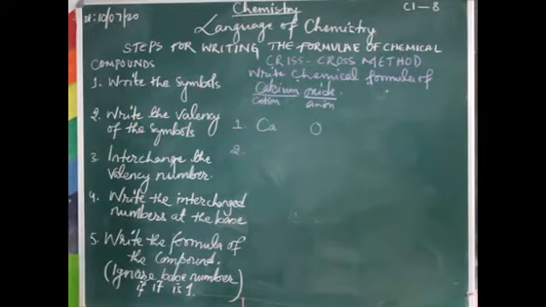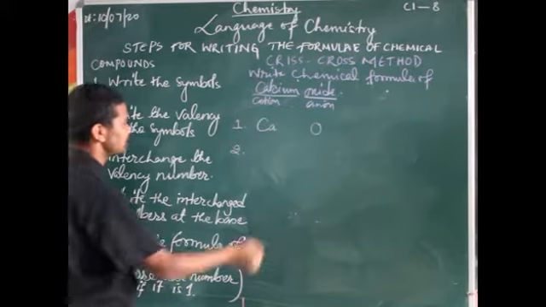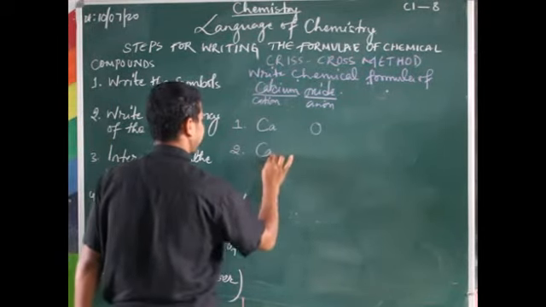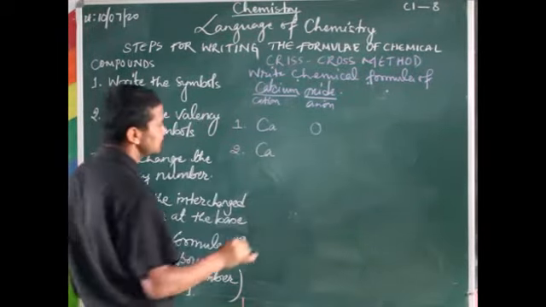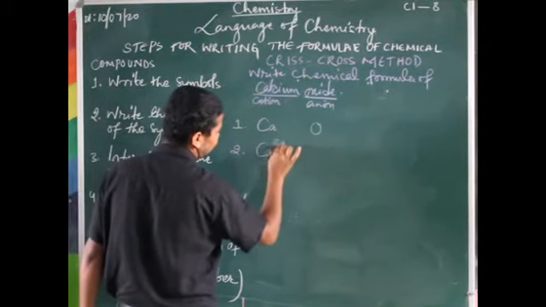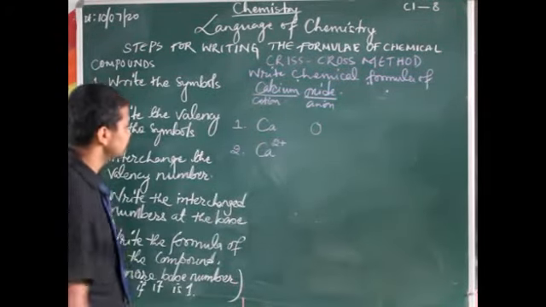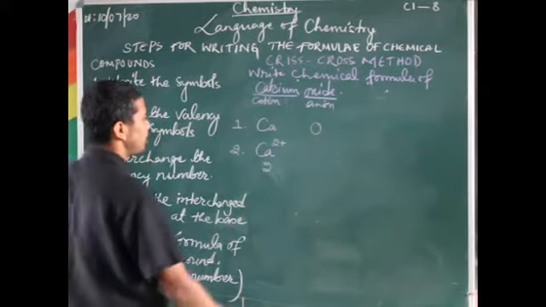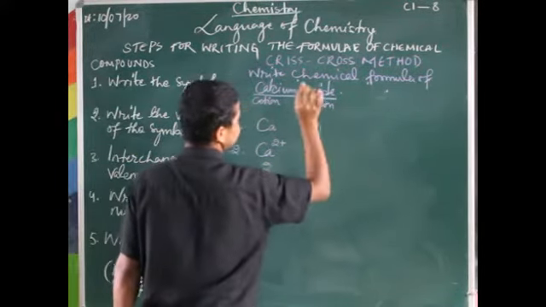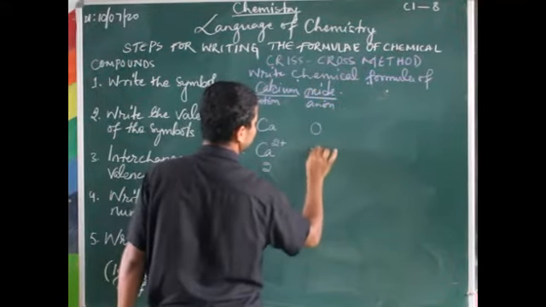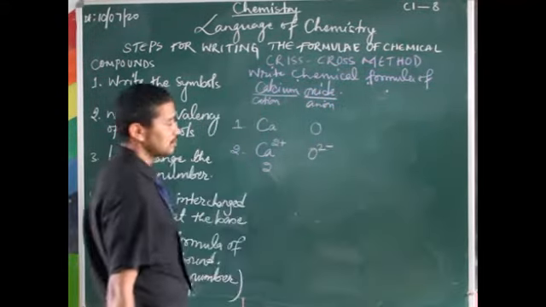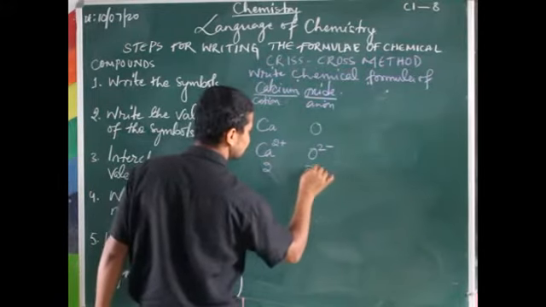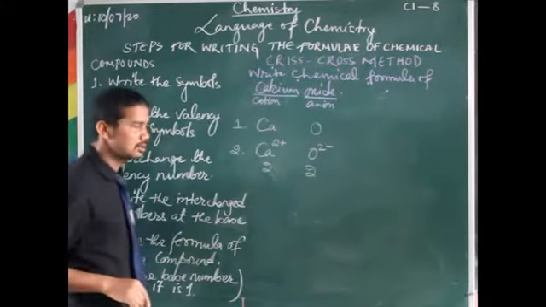Write the valency of the symbols. So calcium, if you see in table 5.6, you will see Ca2 plus, means its valency is 2. And oxide, O2 minus, its valency is also 2 because 2 negative charge, so valency 2.